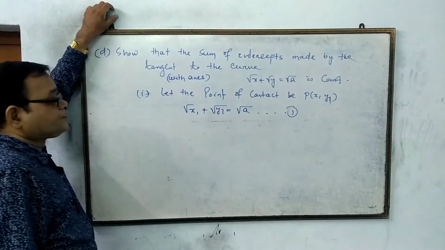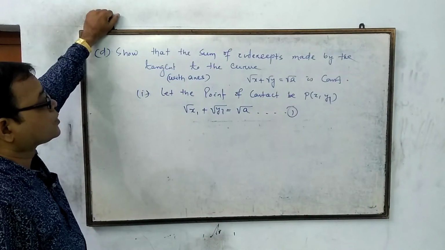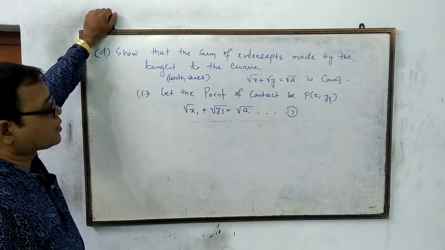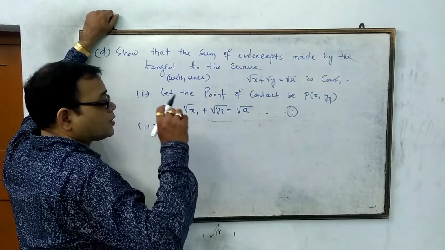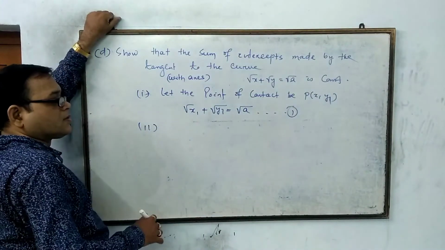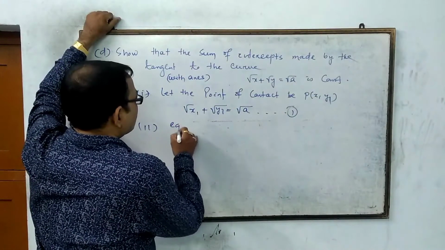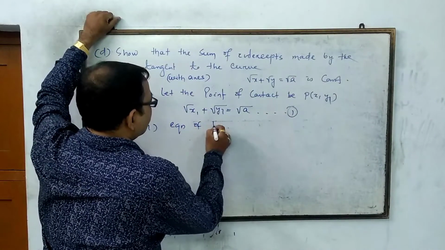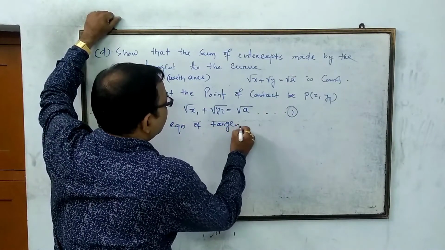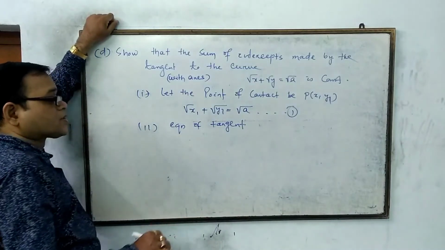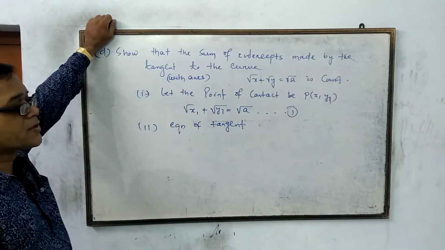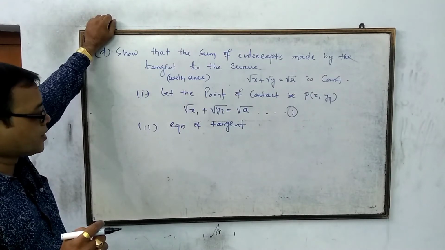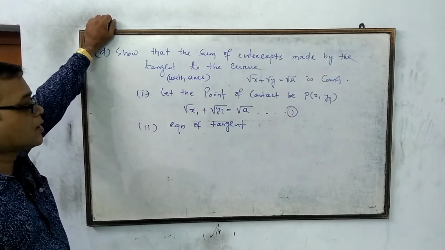Next, so that the intercepts made by the tangent to the curve. Second step, we have to find out the equation of the tangent. Remember what you have to do? Equation of tangent is to be obtained. For equation of tangent, you have to take the necessary steps.